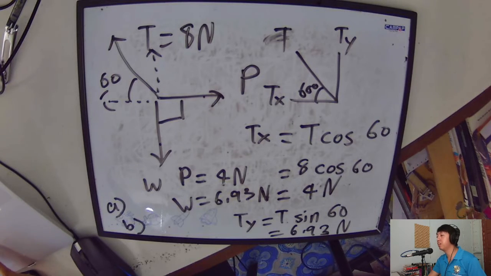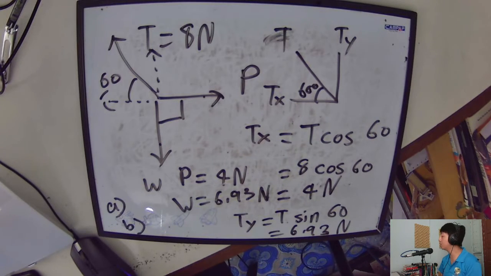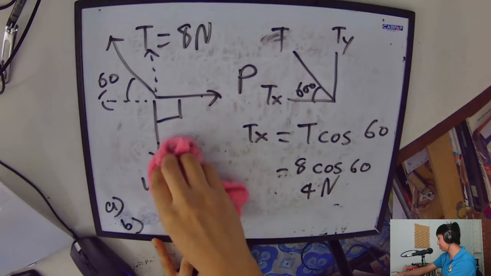Okay. Anyway, if you have any questions, just say, "Sir, you're going too fast. Please repeat that." I'll be perfectly happy to repeat that for you. So basically we apply what we learned in resolution of forces to find the other sides.